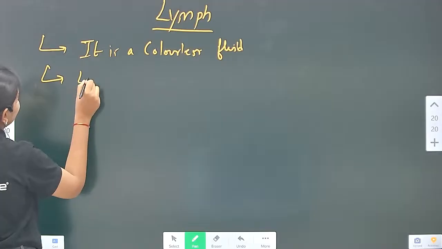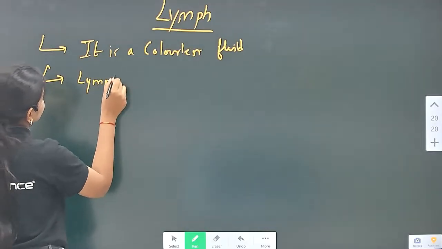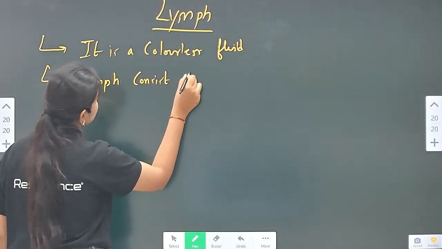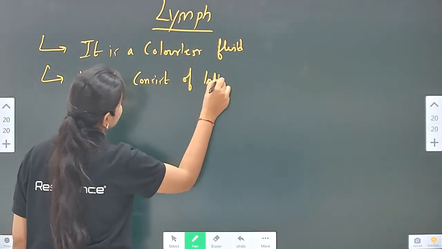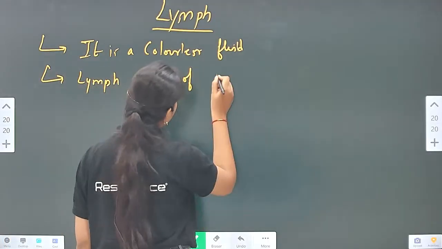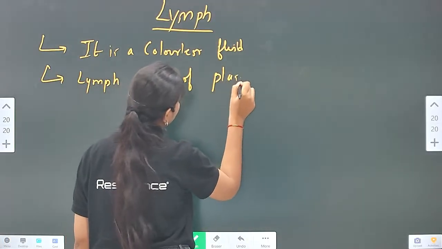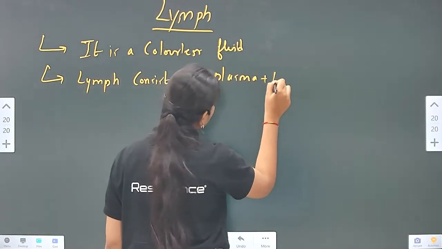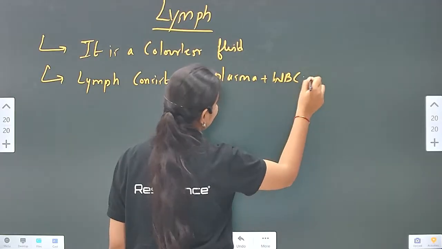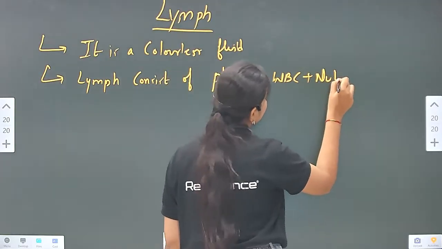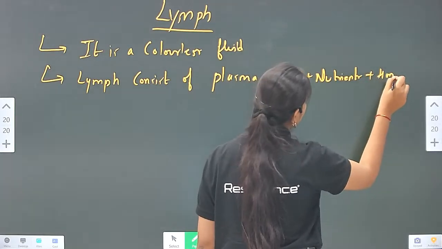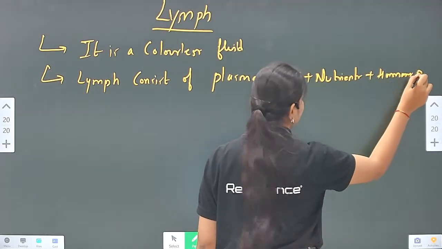You can write, the lymph consists of the plasma. Next you have the WBCs, and then you have some nutrients. Next you have some hormones, and the oxygen.